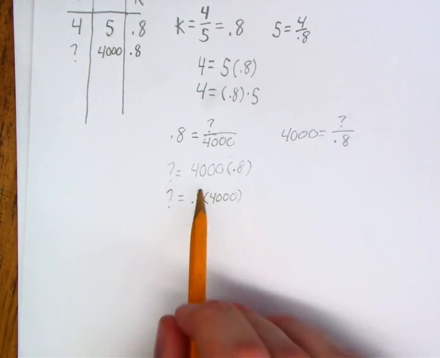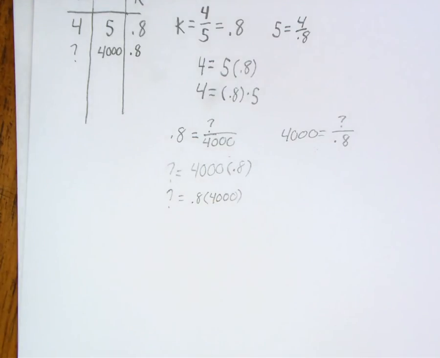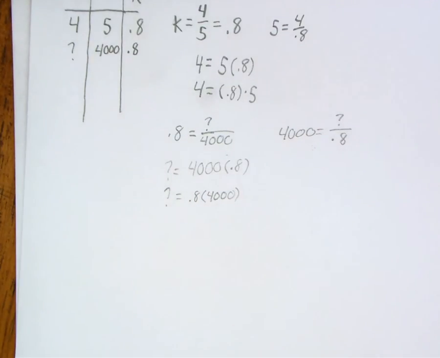But notice that these two bottom statements are almost exactly identical, and they give us a nice statement that we can just check into our calculator. We can say 4,000 times 0.8, or 0.8 times 4,000. And that gives us the multiplication problem that we need.